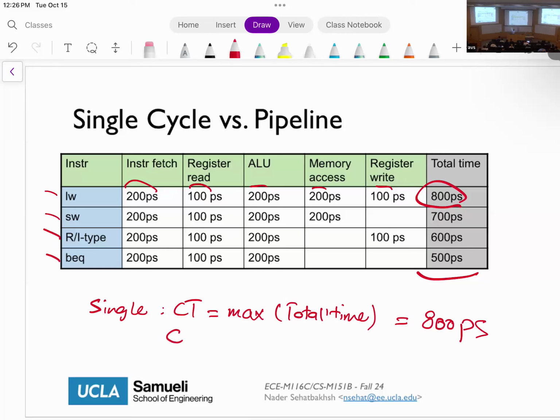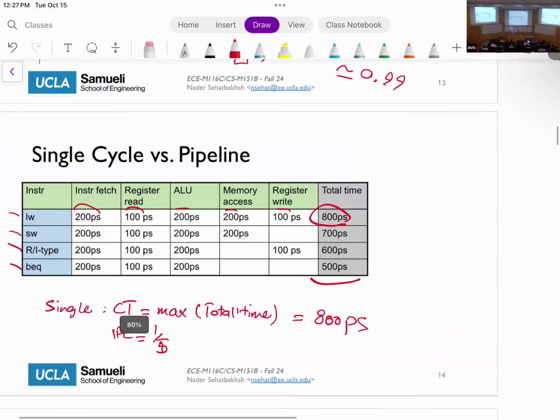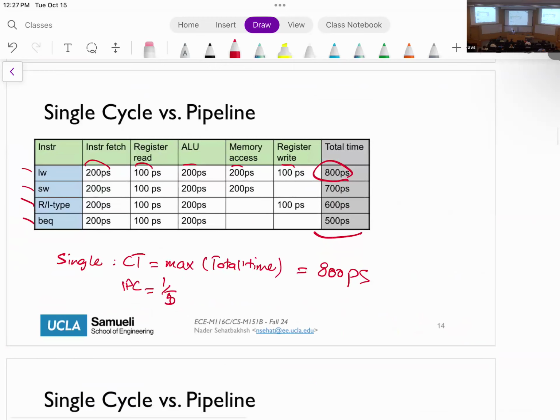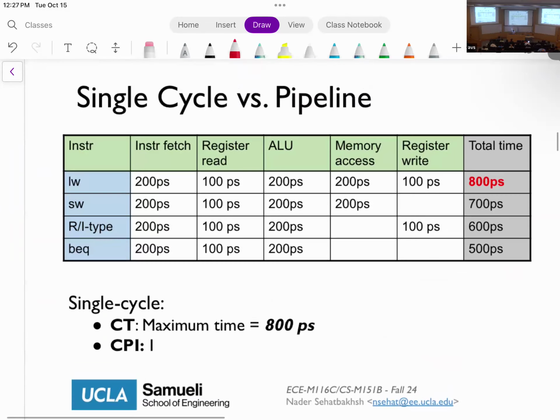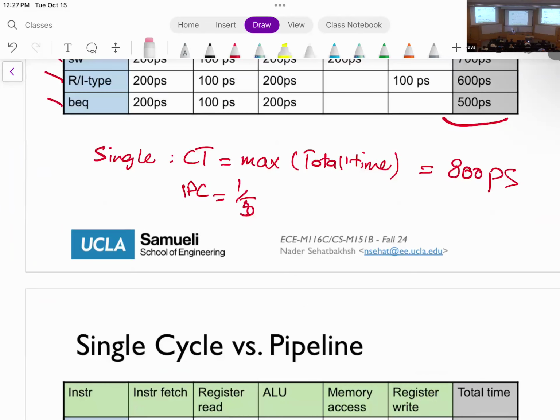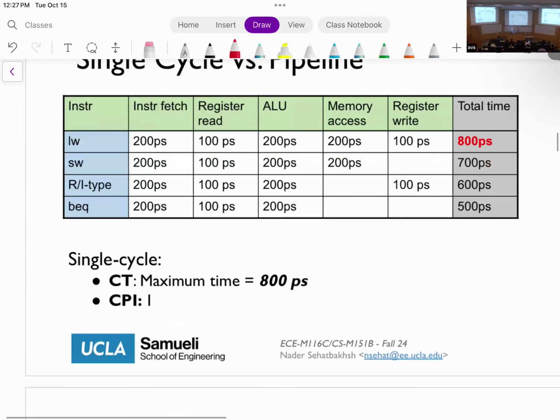And my IPC, sorry, this is the single cycle design. I made a mistake. I finish 1 instruction per cycle, so my IPC is equal to 1, right? So that's what I have here.